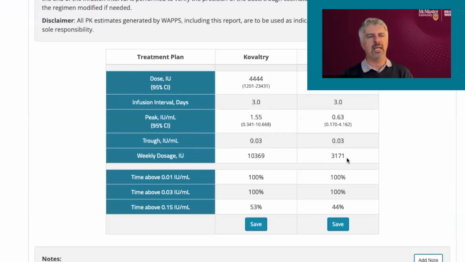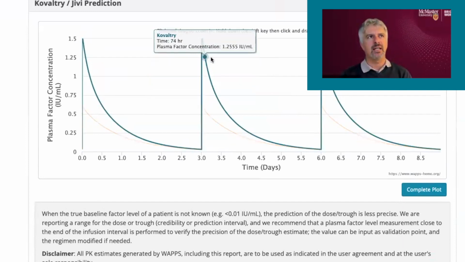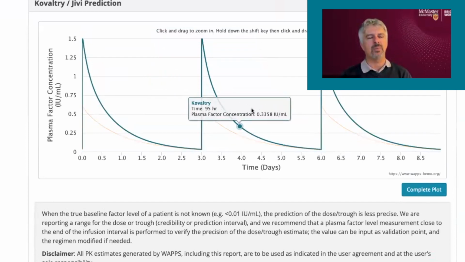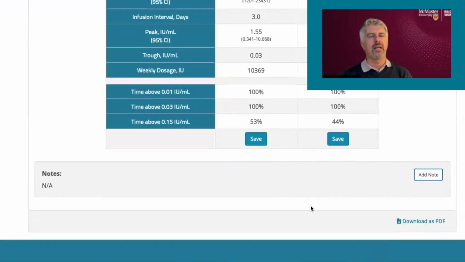And of course, I would have 3 times less consumption with GV as opposed to Kovaltry. And the time above will be very similar, because in this case, you see, there's a much larger time at higher value, but then on the tail of the curve, they become very similar.